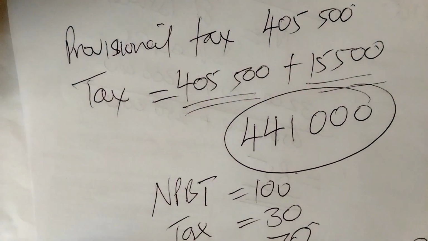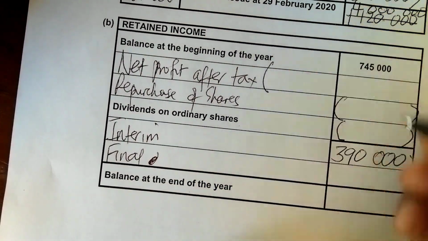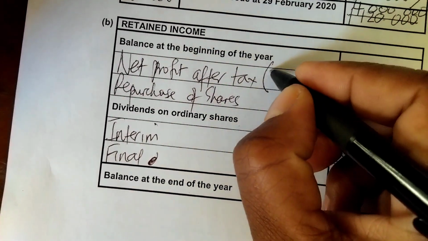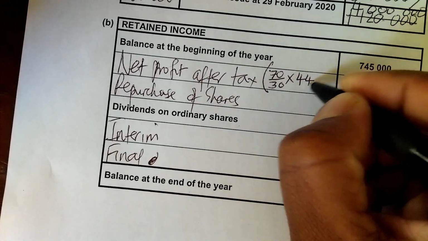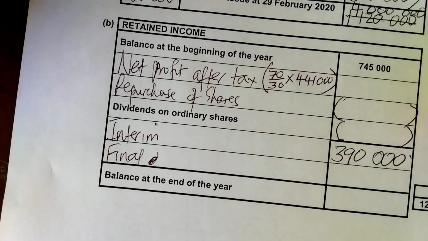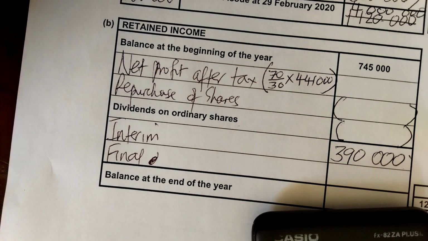So what are we saying? On your answer book, what are you supposed to do there? You're supposed to say 70 over 30 times 441,000, because the 441,000 is your tax liability, which we obtained by saying our provisional tax payment plus the 15,500, plus the 35,500, which we still owe SARS, right?